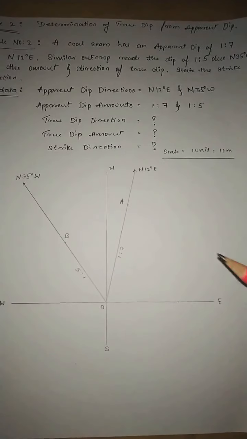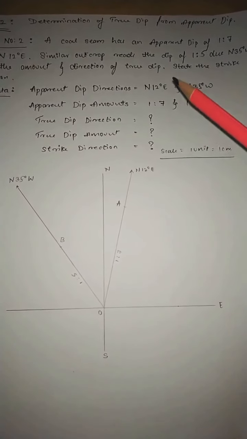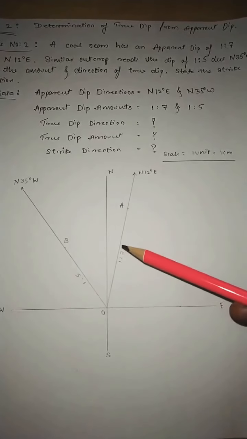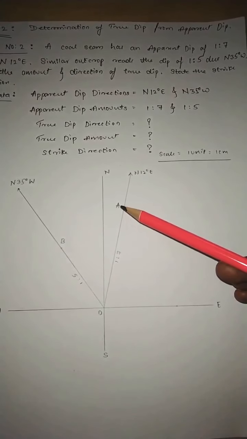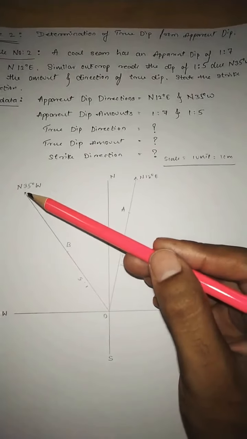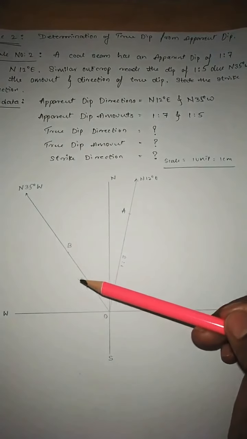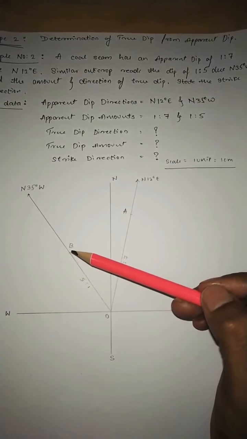So you can check here, we have drawn the north 12 degree east apparent dip direction, and the dip amount, that is 1:7, we have marked here and indicated as A. On the north 35 degree west line we have drawn here, the amount is 1:5, and this is point B.